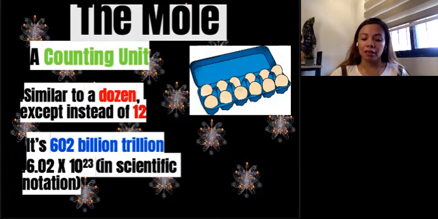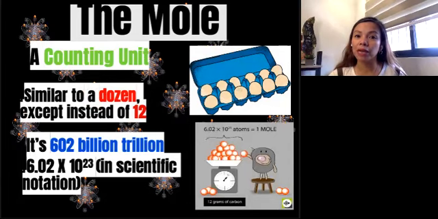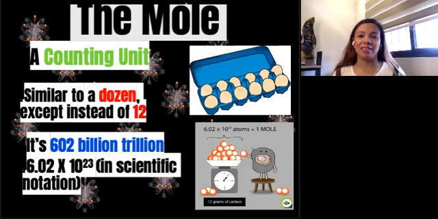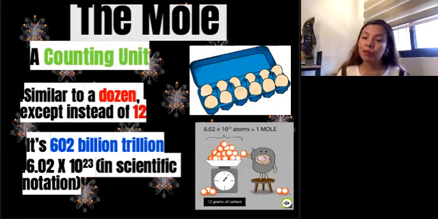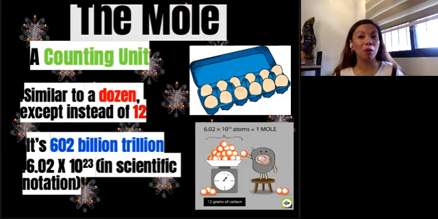So that's how we express it in scientific notation, okay? 6.02 times 10 to the 23rd atoms. This is what we call Avogadro's number. Please memorize this number, this value. You will be using this in converting moles to another unit or to a particle.